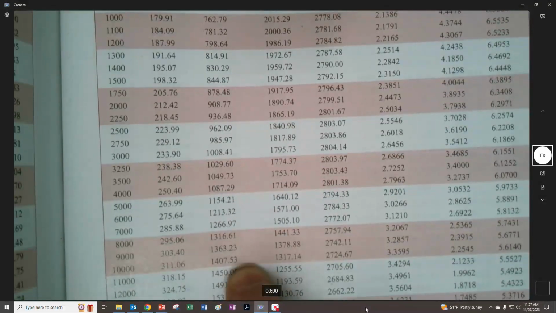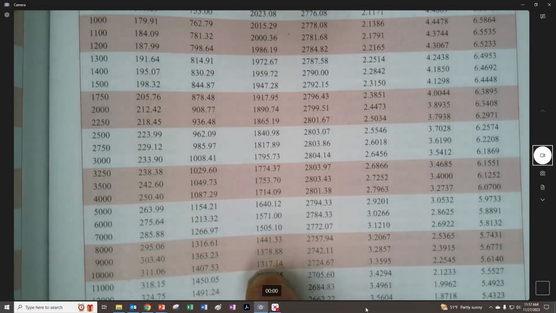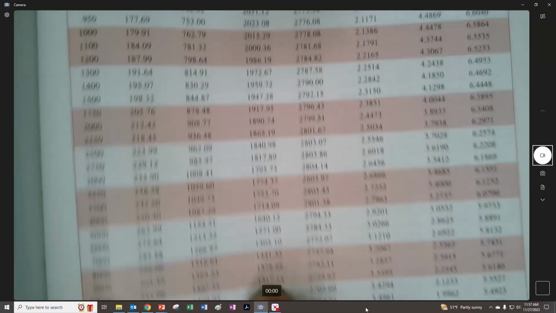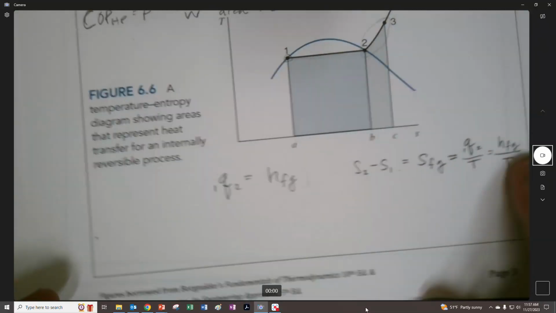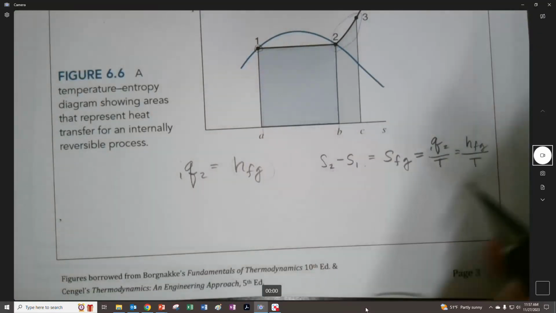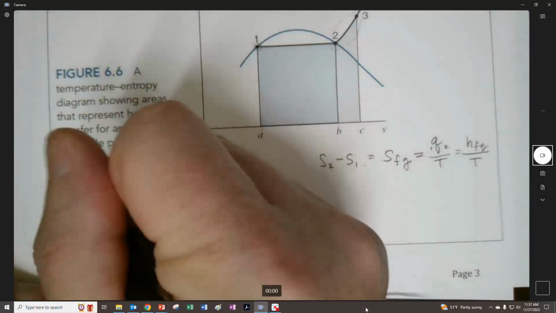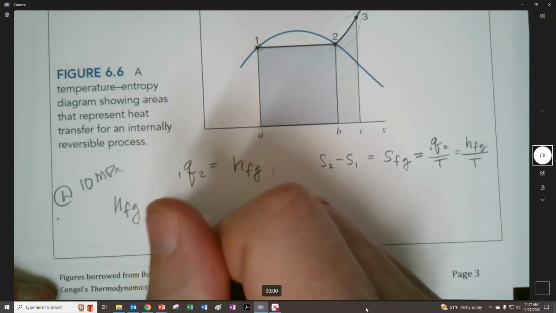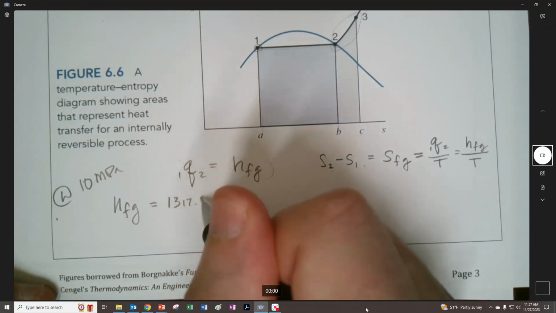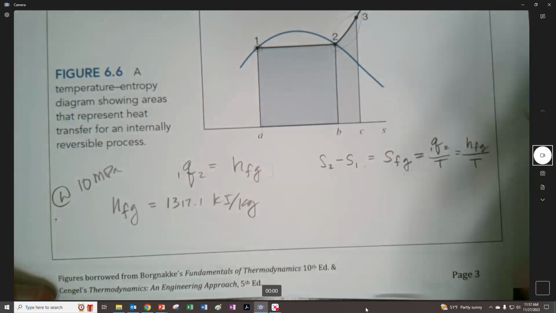We have this value right here, 1,317.1. So let's write that down. HFG at 10 megapascals is going to be equal to 1,317.1 kilojoules per kilogram.